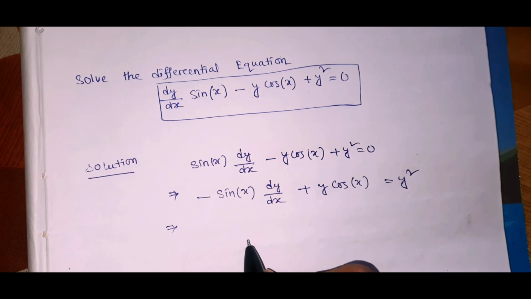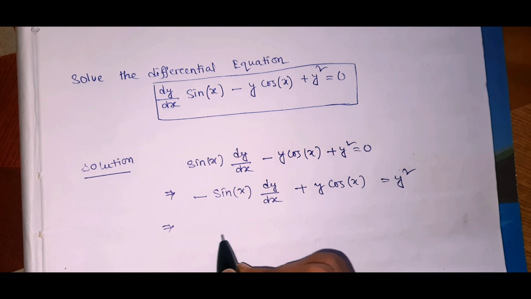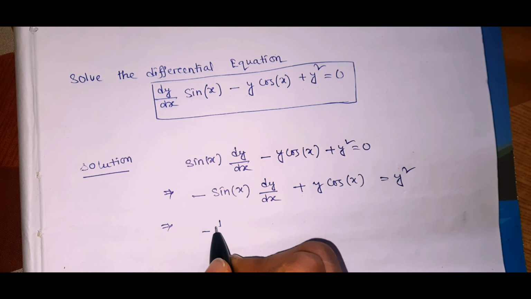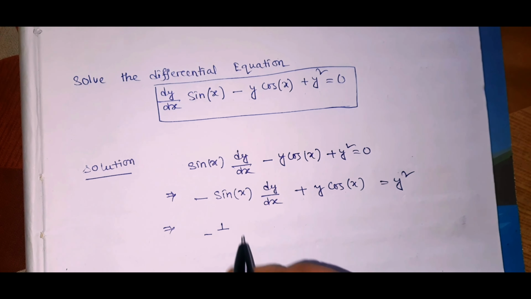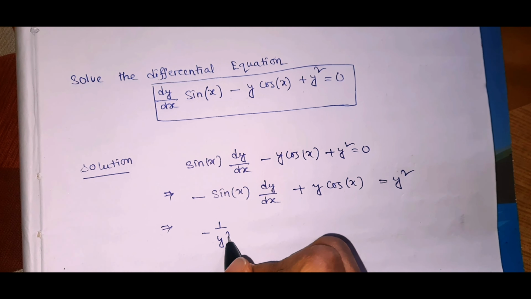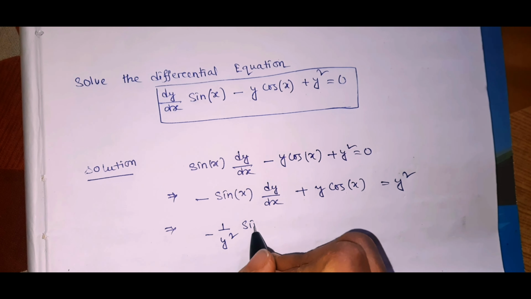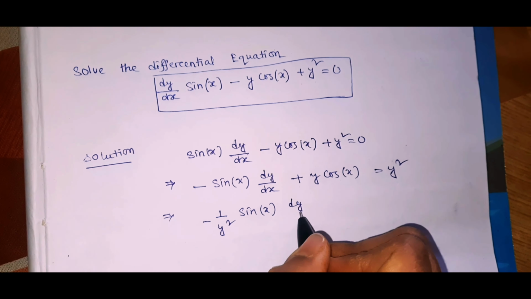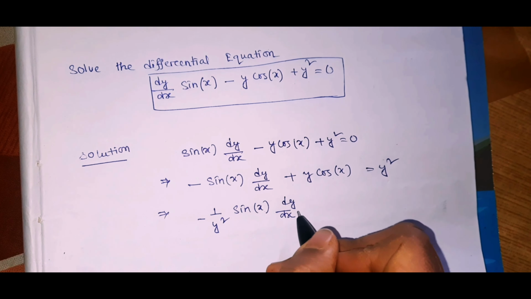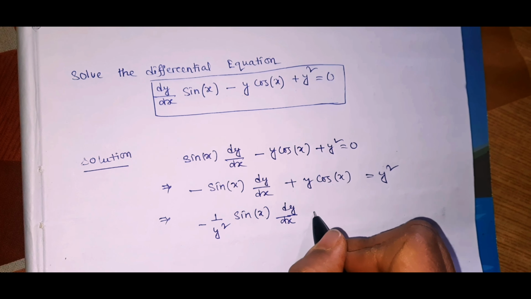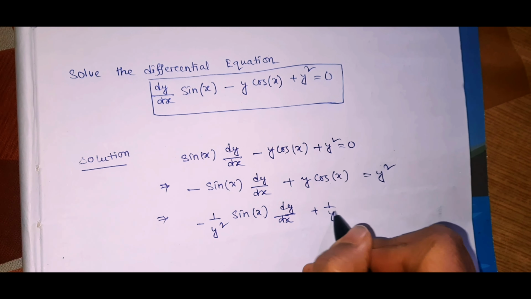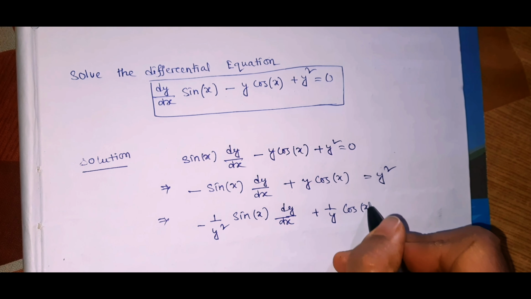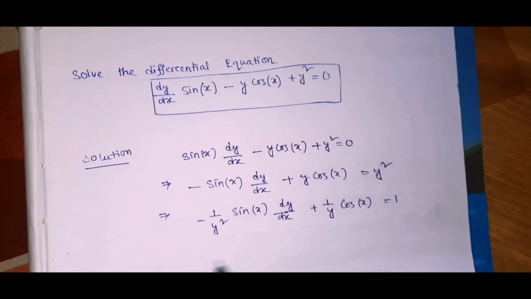Now we divide both sides by y square. Then we get sin x by y square dy/dx plus 1 by y cos x equal to 1.